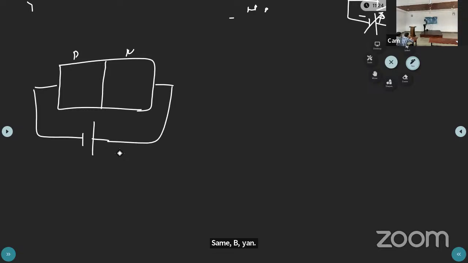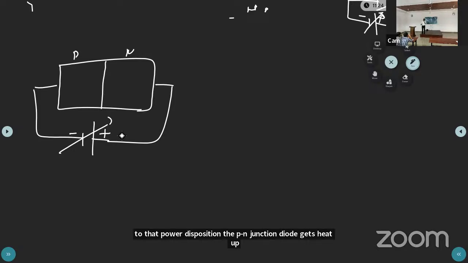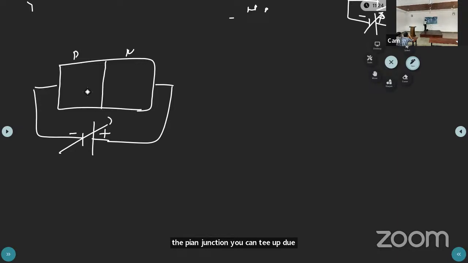Reverse bias, positive, negative, positive. Due to temperature increase, due to voltage increases, more power dissipation at the diode. Due to that power dissipation, the PN junction diode can heat up. Due to that heat, the already formed covalent bonds will break.